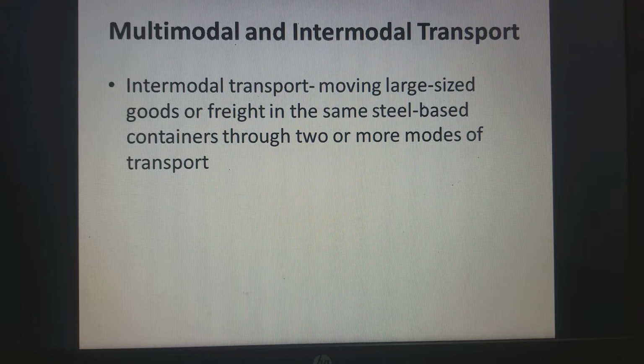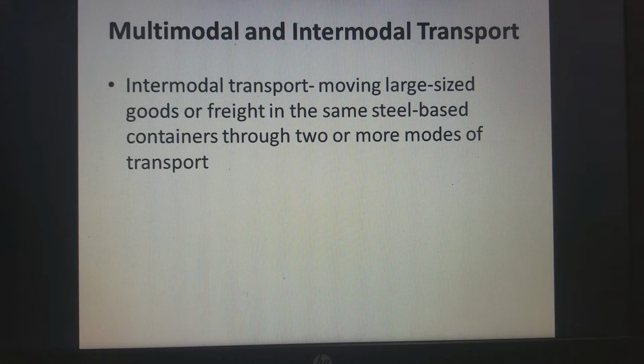Then we come to intermodal. Intermodal transport is where you're moving large size goods or freight in the same steel-based containers through two or more modes of transport. For example, the goods are not removed from the container. Once they are packed in the container, they remain in that state, and it moves from the ship to perhaps a truck or a trailer.